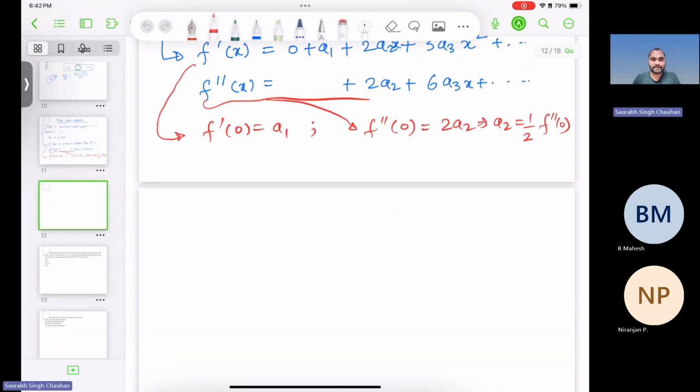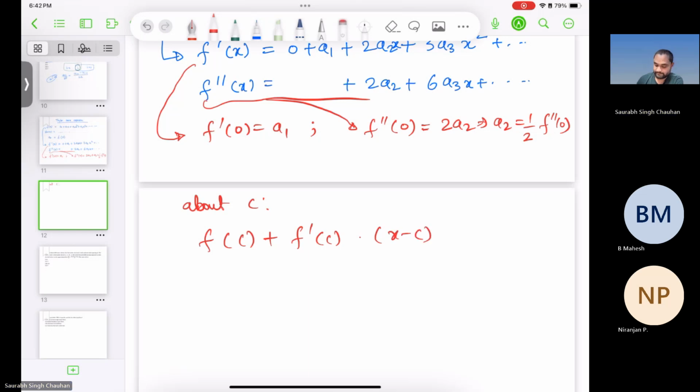So using this concept, you can write the Taylor series expansion of a function f(x) about point C like f(C) plus f'(C) times (x minus C) plus f''(C) times (x minus C) squared divided by 2 factorial and so on.